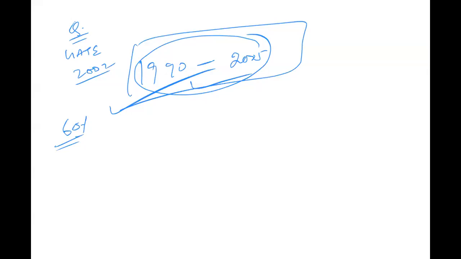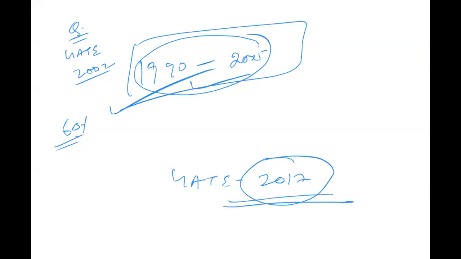And in GATE 2017, if you see the paper, it is the easiest question paper in the history of the GATE exam. If you see the GATE 2015 questions, this one was set by IIT Kanpur and this one by IIT Roorkee.